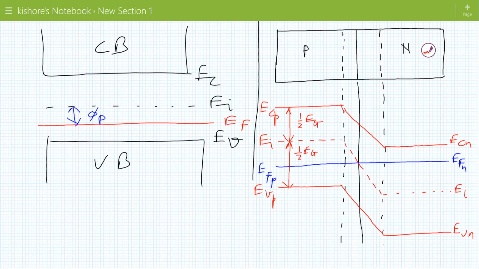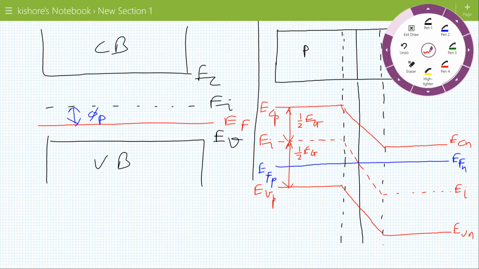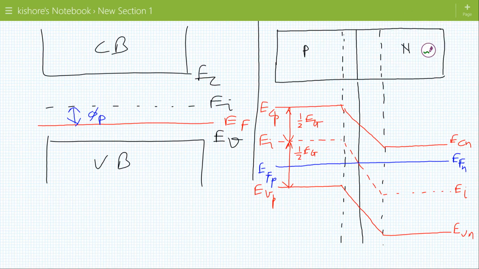Now the electrostatic potential for N-type semiconductor, this is phi n, EFN minus EI, and for P-type semiconductor, this is phi p.